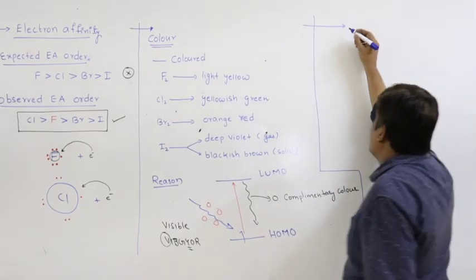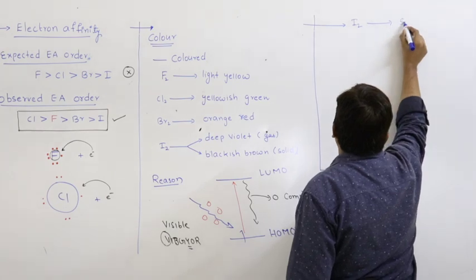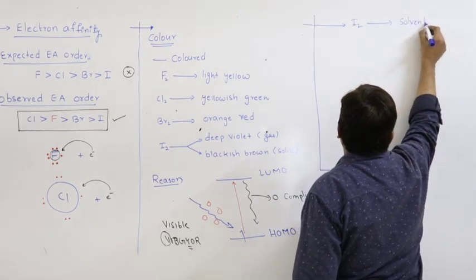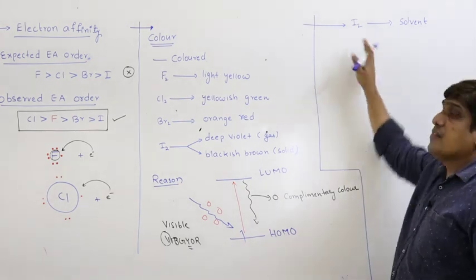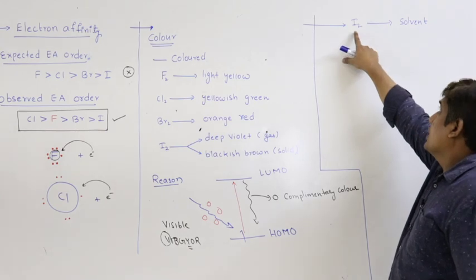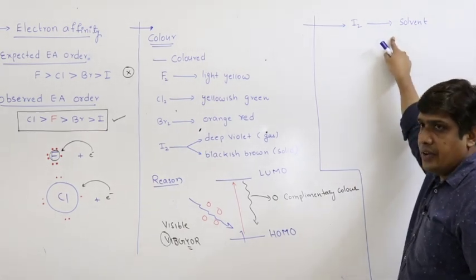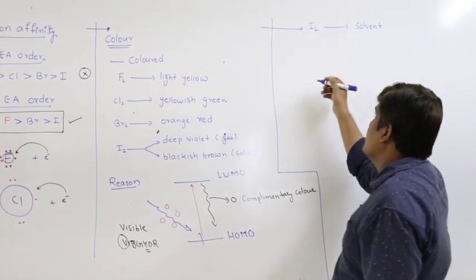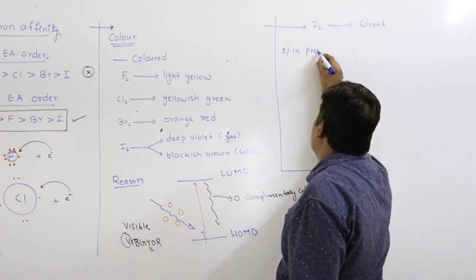The color of iodine depends upon the solvent. That means if I change the solvent, the color of iodine also changes. If iodine is dissolved in different solvents, the color changes depending upon the solvent. Let us see some examples.